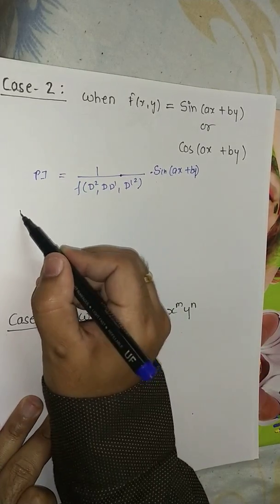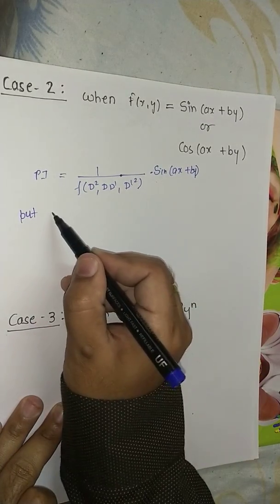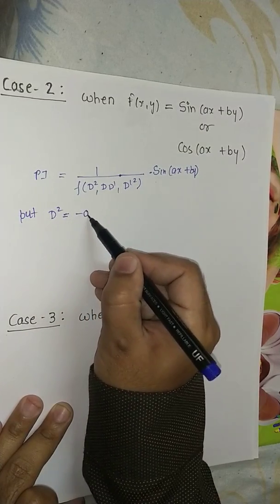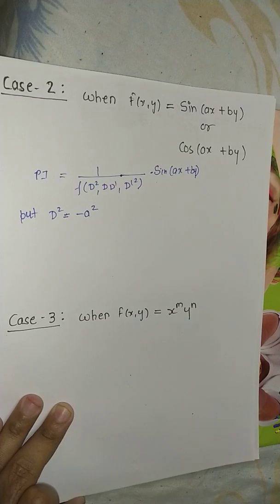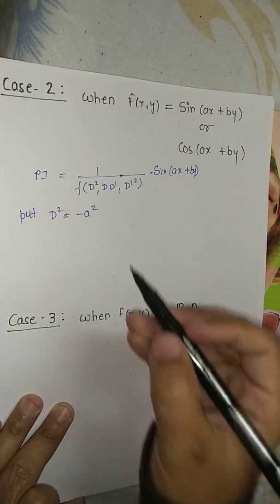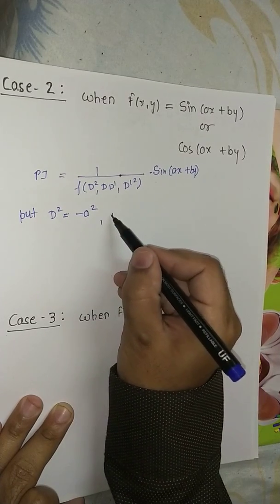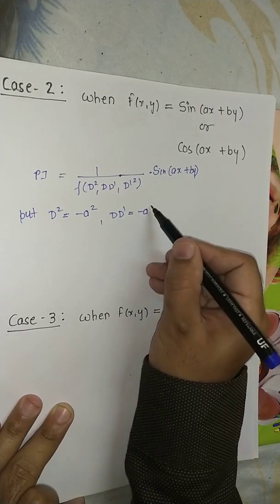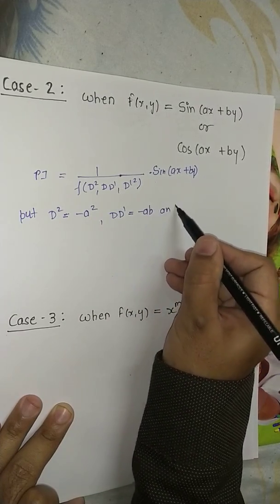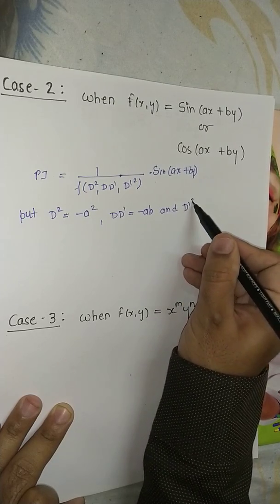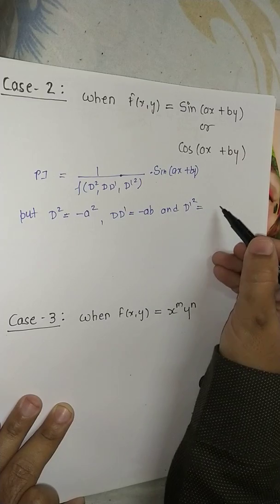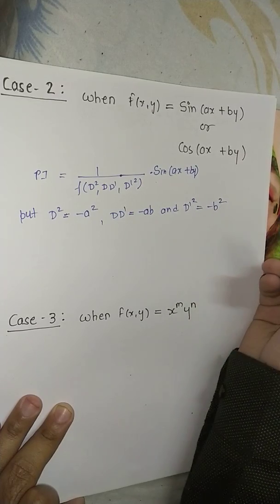Here we put D square is equal to minus of a square, DD dash is equal to minus of ab, and D dash square as minus of b square.